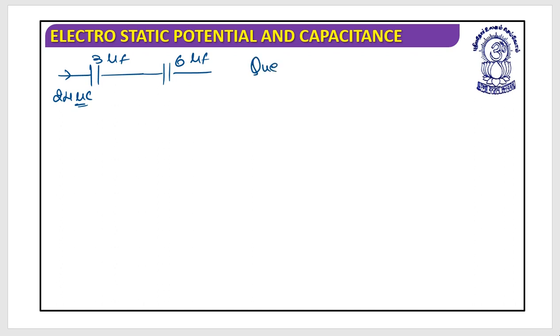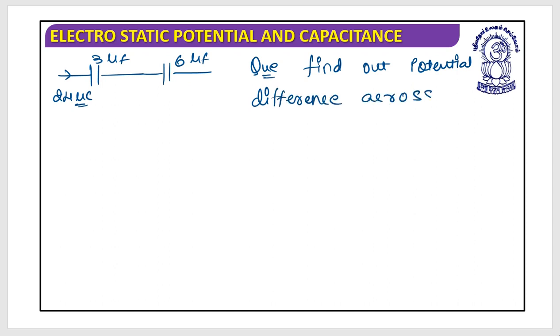They have asked us to find the potential difference across the 3 and 6 microfarad capacitors. This is the requirement. So what you know is that you know the Q. You know that these two are connected in series. Let's say this is A, this is B, and these two are connected in series.